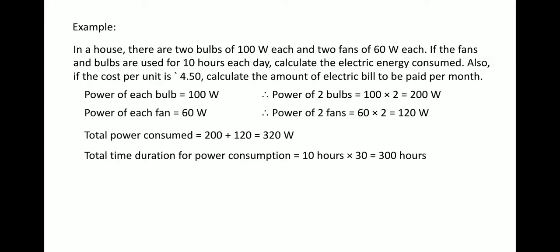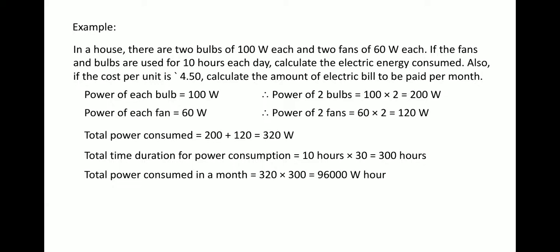So for 1 month it will be 10 hours into 30, that will be equal to 300 hours. And thus the total energy consumed in a month becomes equal to 320 watt, that is the power consumption in every hour, 320 into 300, that will give us 96,000 watt hour.